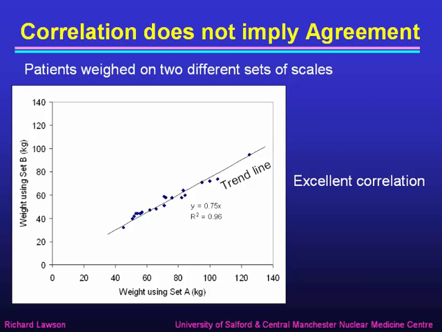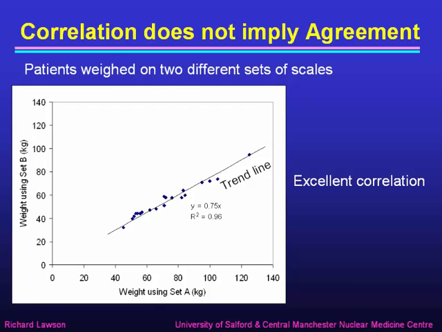Here's an example of patients weighed on two different scales. On the vertical axis, we've got the weight using set B of scales, and on the horizontal axis the weight using set A of scales, and I've put on there the measurements which show an R squared of 0.96, showing an excellent correlation.